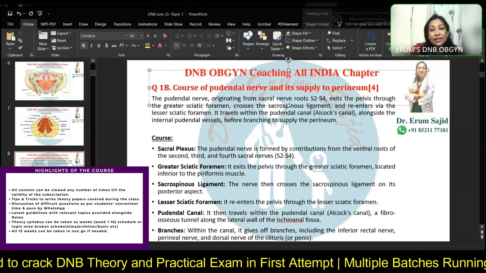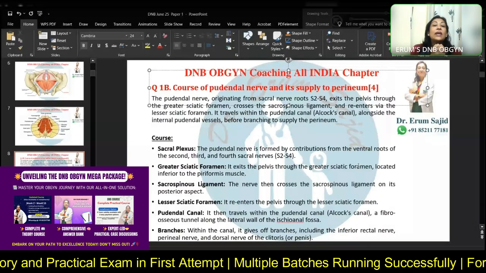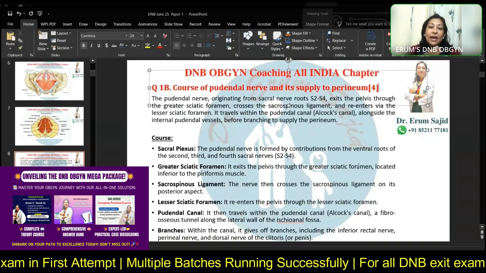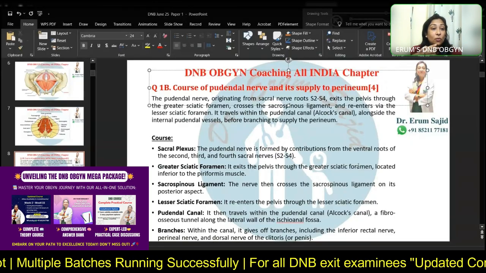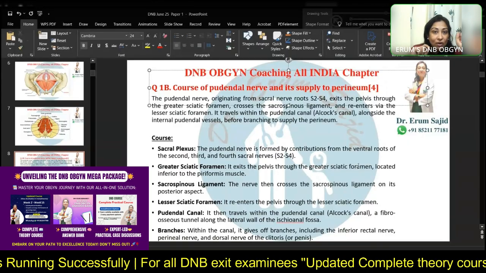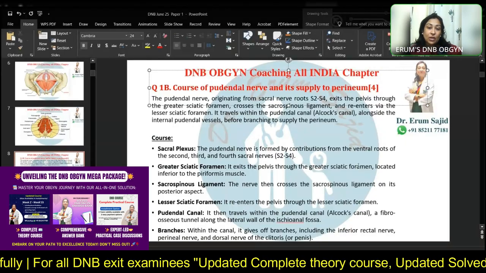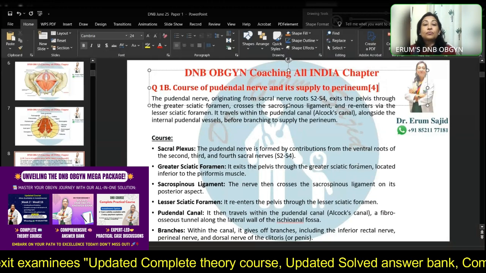So the course is that the pudendal nerve is formed by contributions from the ventral roots of the 2nd, 3rd, and 4th sacral nerves. So it's arising from S2, S3, S4. It exits the pelvis through the greater sciatic foramen inferior to the piriformis muscle, and it crosses the sacrospinous ligament. This is very important because at the time of sacrospinous fixation, you can have injury to this nerve, the pudendal nerve.